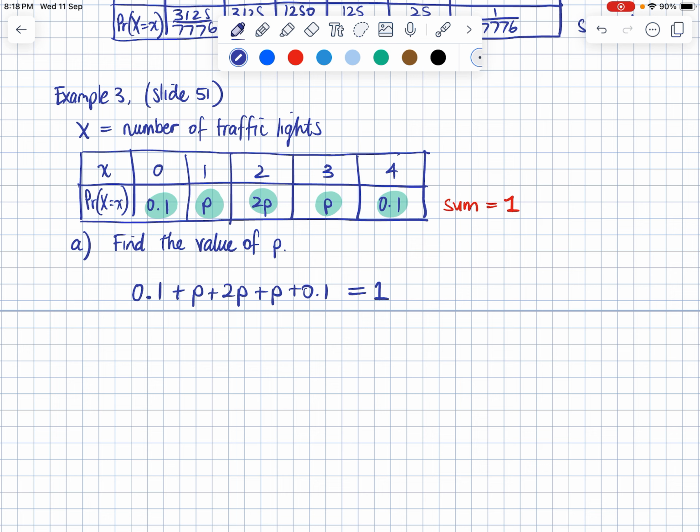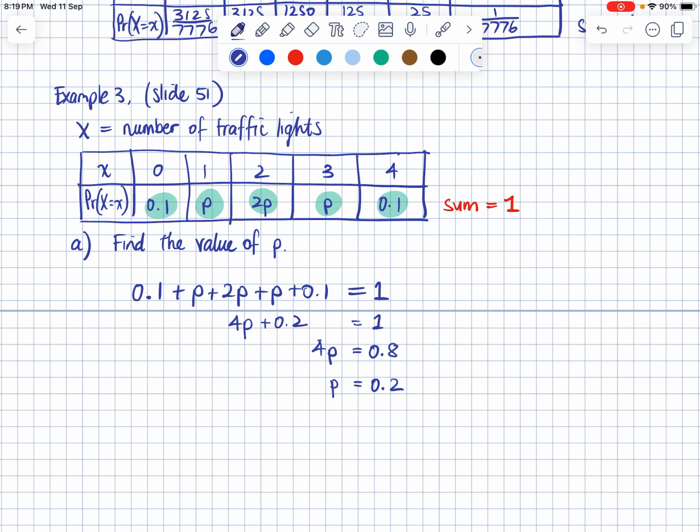If this was a calculator problem, you could just type that into your calculator with solve. But because it's a relatively easy expression, we're going to solve it by hand. So it's 4p plus 0.2 equals 1. So 4p equals 0.8 and p equals 0.2.